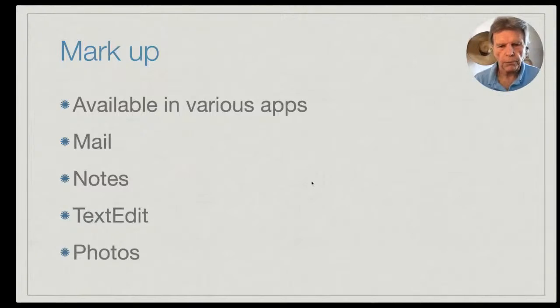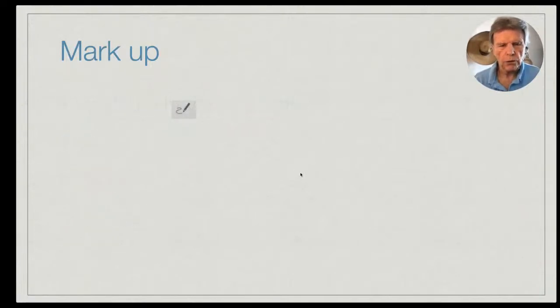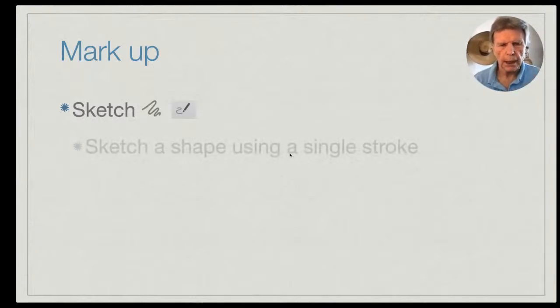Markup also works on the iPad and the iPhone, but not in the same exact way, so you're going to see different icons in different versions of the operating system. These are the two possibilities for Sketch. One is just a squiggly line, the other one is a pen with a squiggly line.